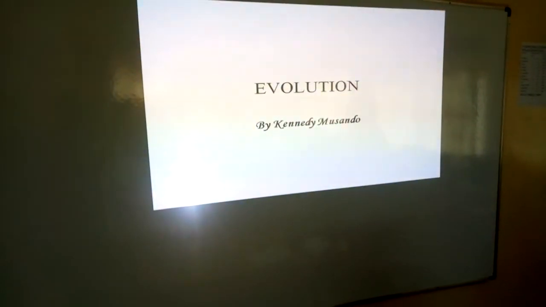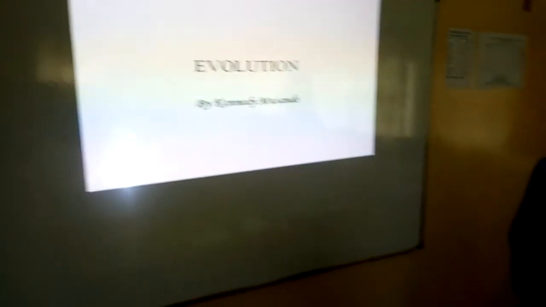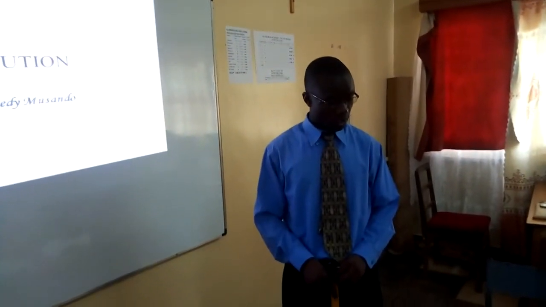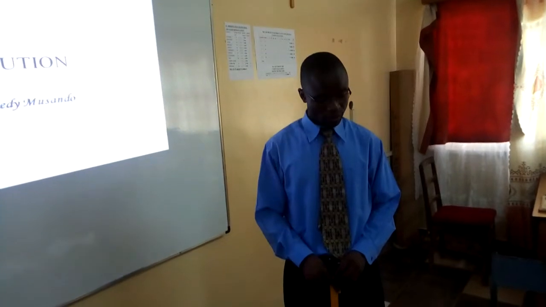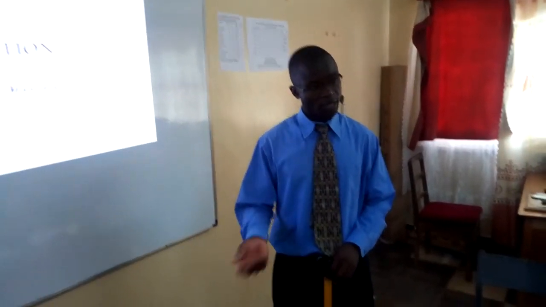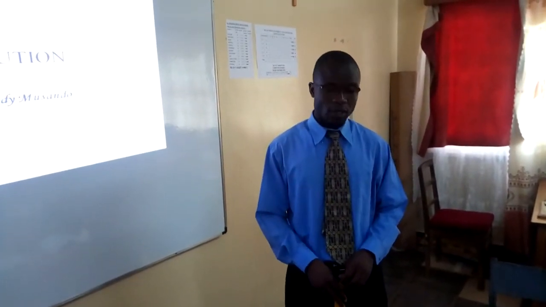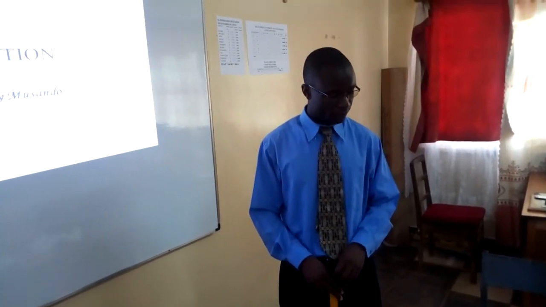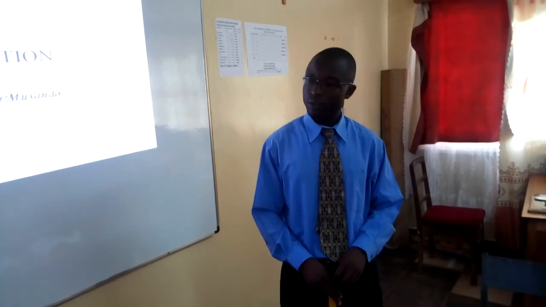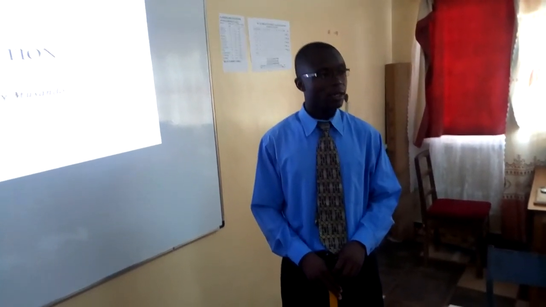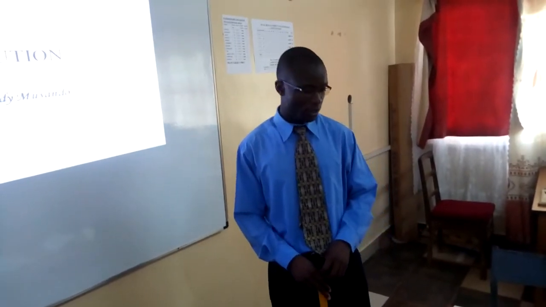Presenter, Kennedy Musando. A preview of evolution in simplest form is a comparison of something of yesteryears and something of the current time. Take, for example, the photograph of your mother while she was in class 3 and the photograph that she has just taken in April 2020.